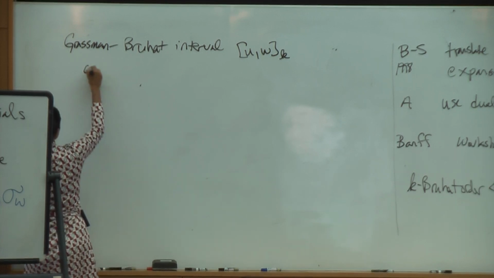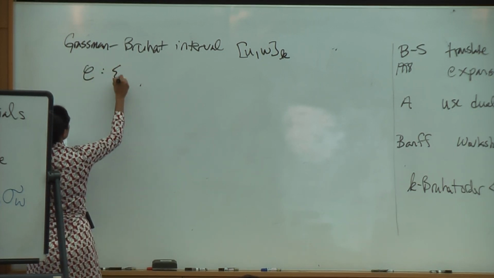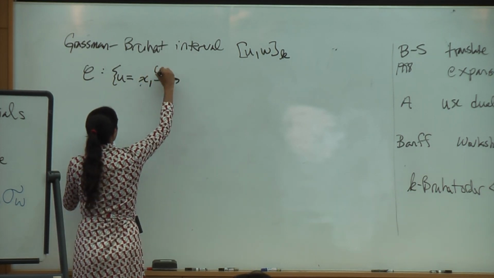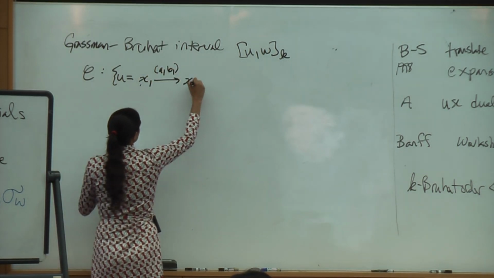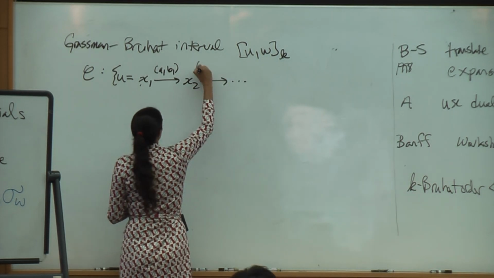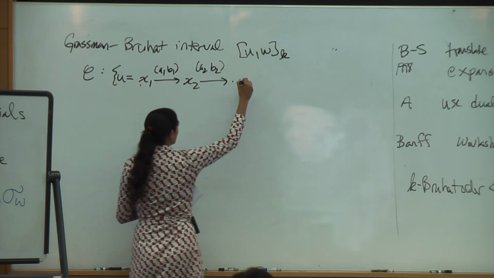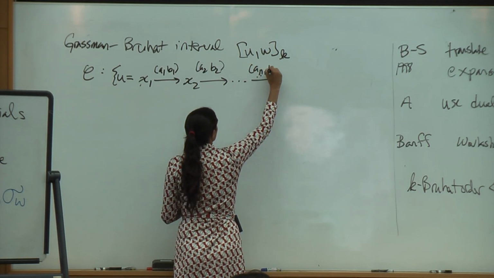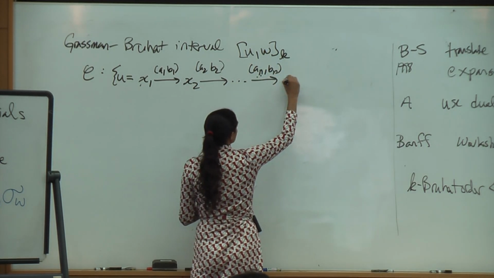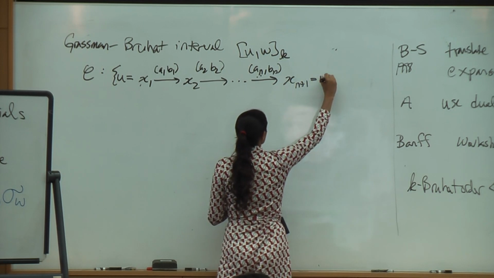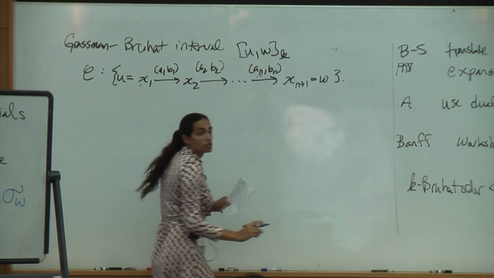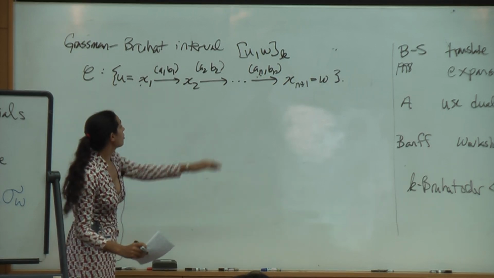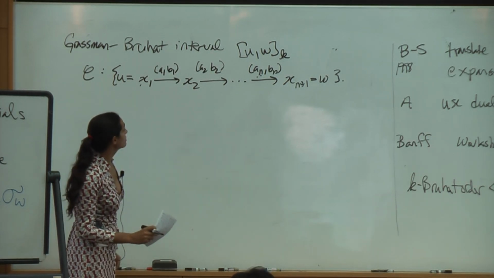It's going to be a chain, so it starts at u, which is x1, and then you go up by a1, b1 to x2, and a2, b2, and so on, a_n, b_n, going up in steps to x_{n+1}, and this had better be w. So this is what a chain is. Let's go one step at a time, all the way up from u to w, so suppose there are n steps in there.